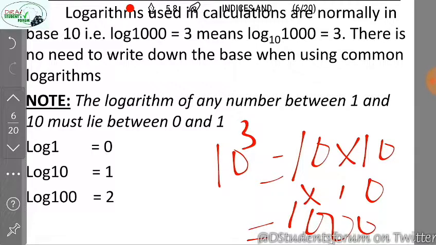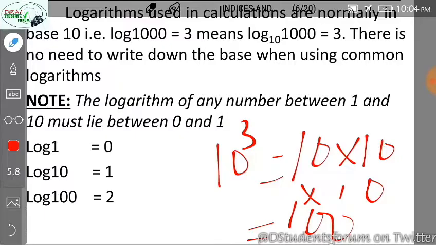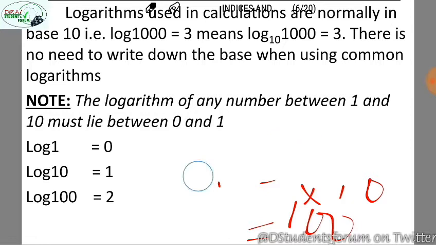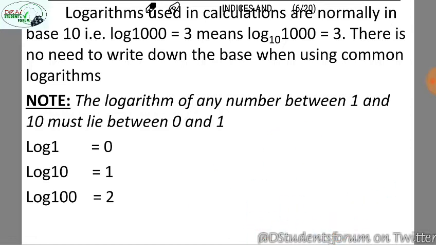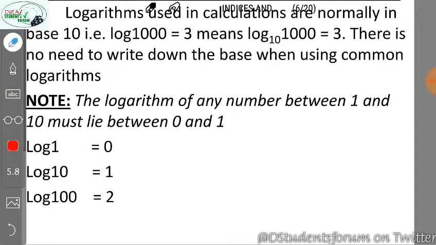because while we were treating indices, one of the laws of indices, the zero index law, said anything raised to the power of 0 equals 1.